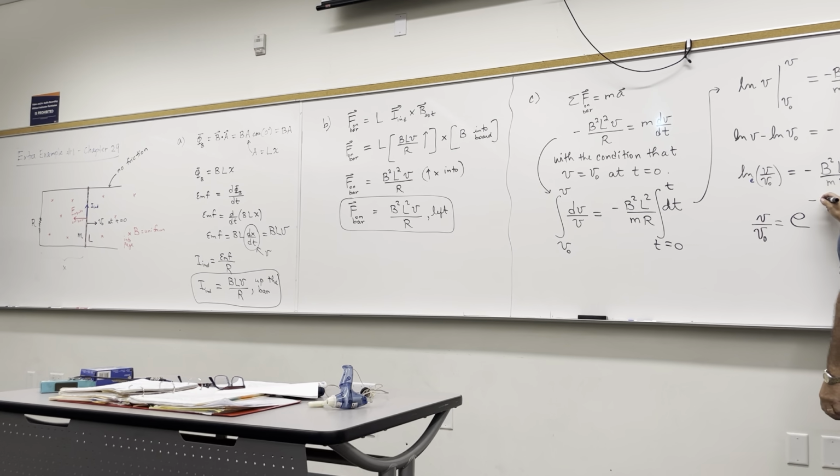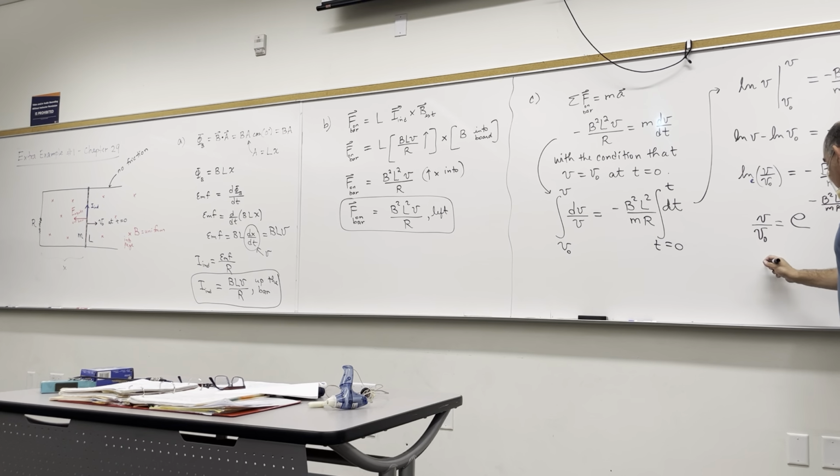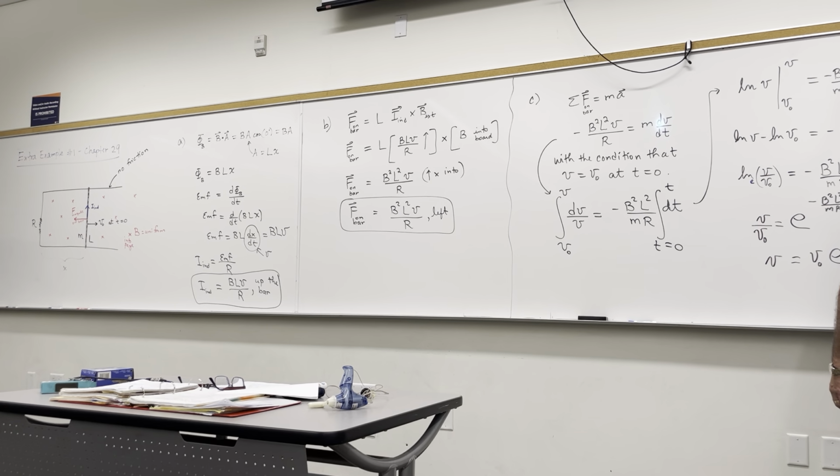So it's e to the minus B squared L squared over mR times T. And then the last line is the answer: the speed as a function of time equals the initial speed times e to the minus B squared L squared over mR times T.